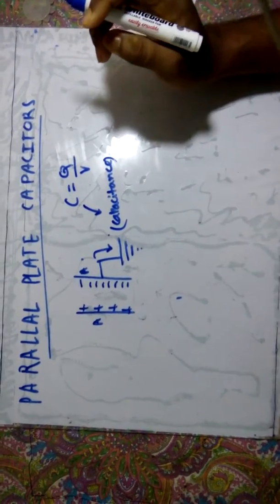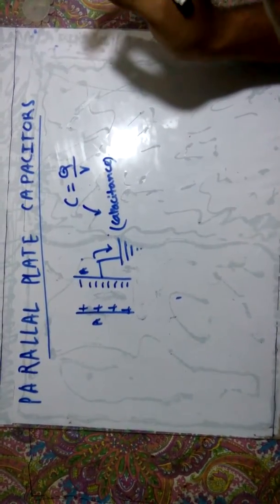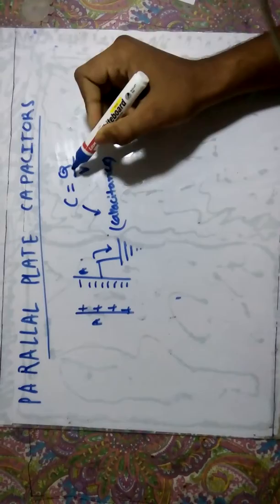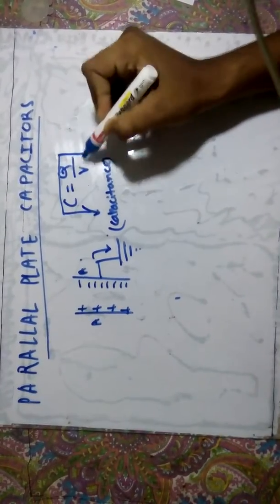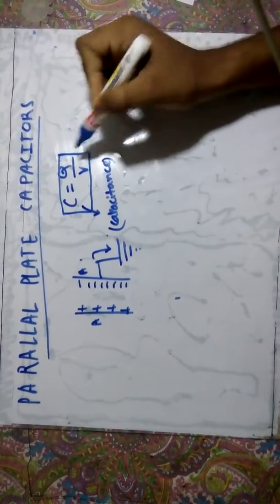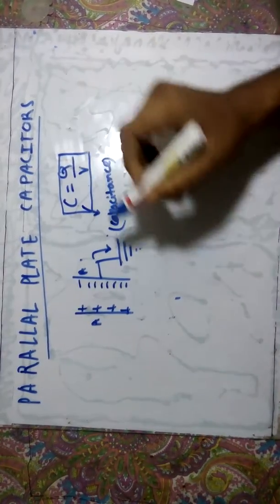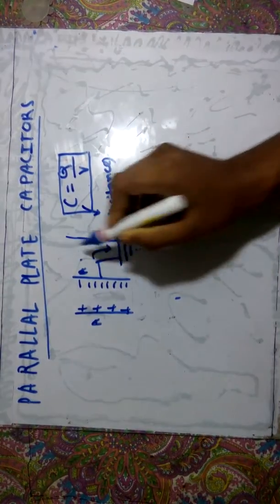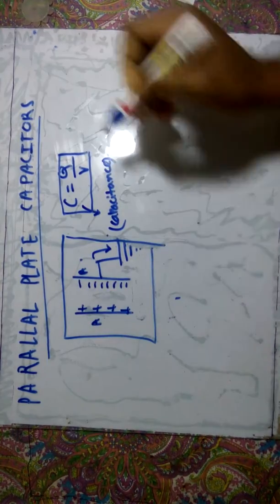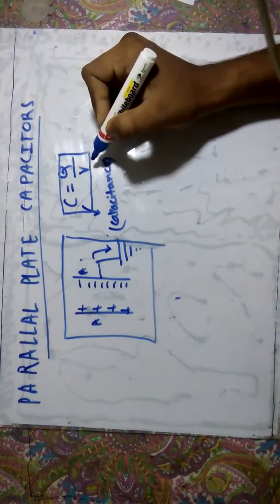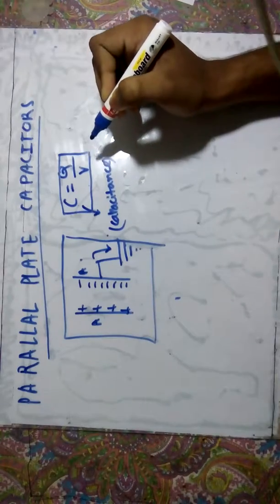Now we're going to calculate the capacitance of this parallel plate capacitor. We know the formula C equal to Q by V, where C is the capacitance, Q is the charge, and V is the potential. So to calculate the capacitance, we have to calculate Q and V of this capacitor.